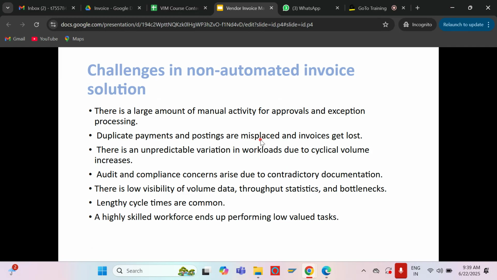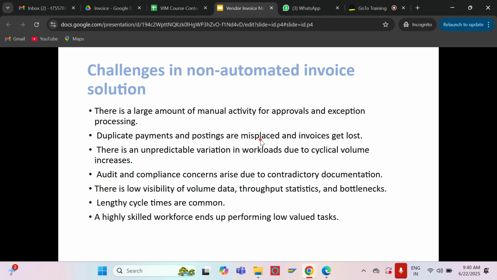Then audit and compliance concerns are also there, that the same invoice can be copied and the data can be altered to commit fraud. And you are not saving the invoice anywhere, it's in the email, right? So several copies of invoices must be created when it is being passed from one role to the other. Then also there is low visibility of volume data.